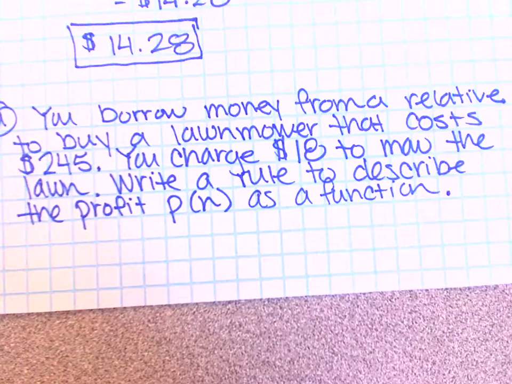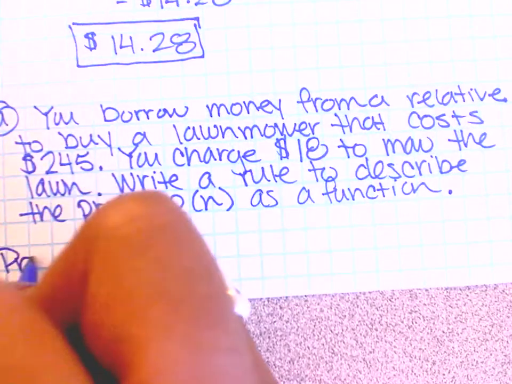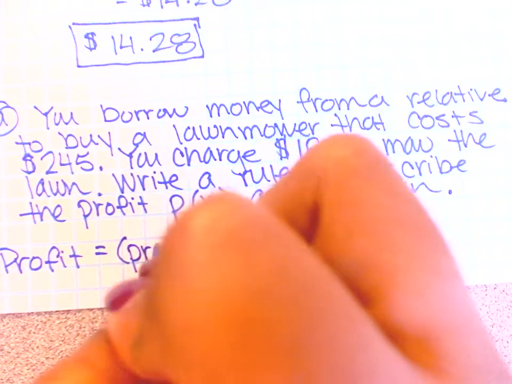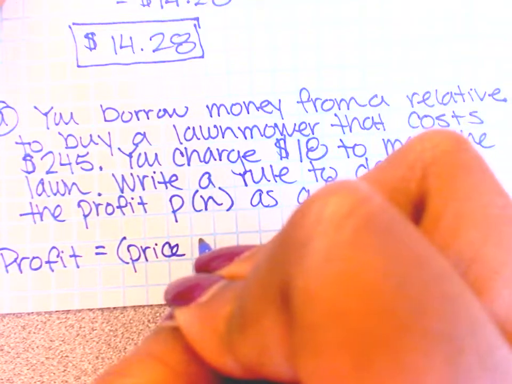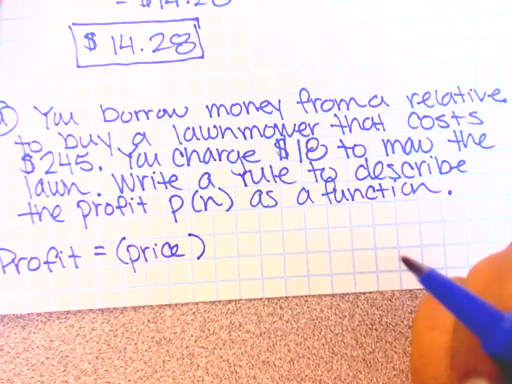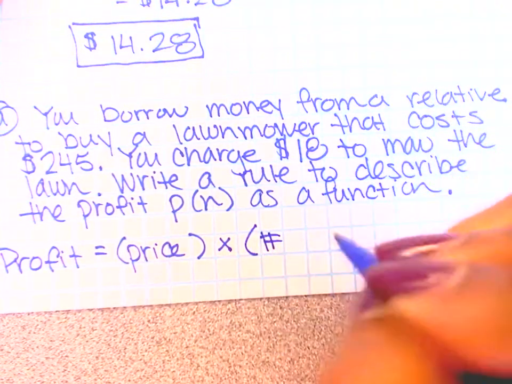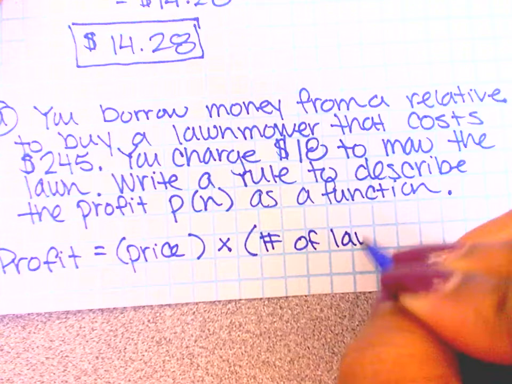Almost there. One more after this. You can do it. So I'm going to say that whatever my profit is, whatever money I make, is going to be the price I'm charging times the number of lawns that I'm mowing.